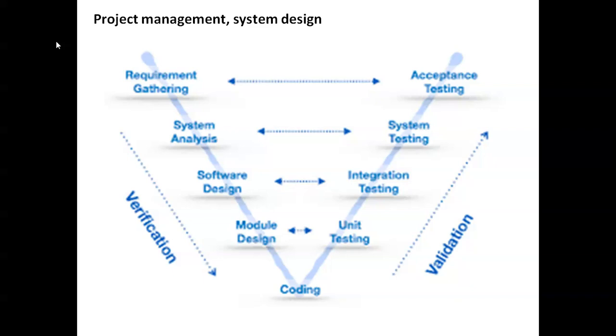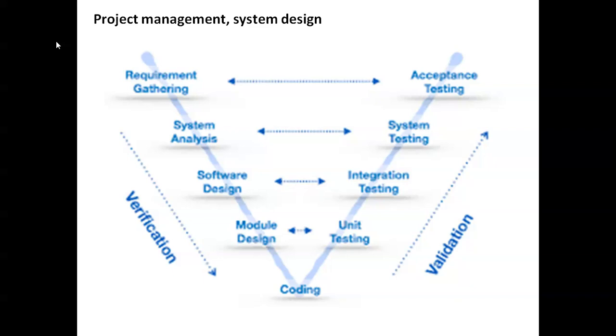Once the coding part is completed, unit testing will be started. That means the testing part will continue. The first one is unit testing, which checks the module design, and then integration testing, which tests the software design.